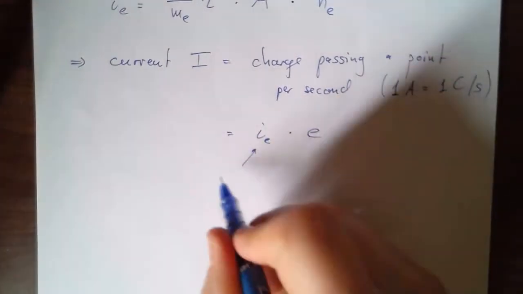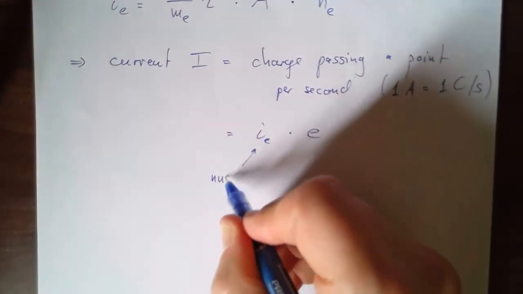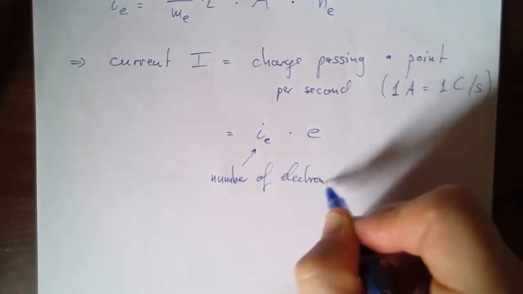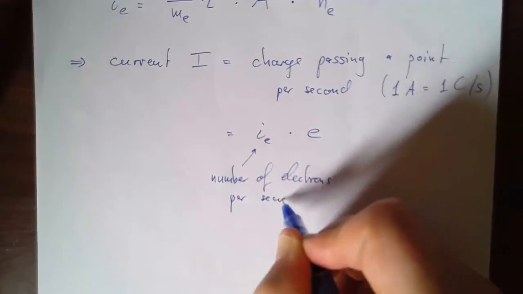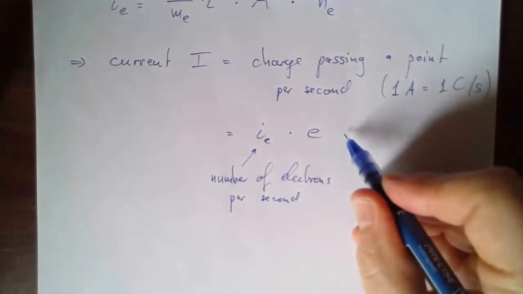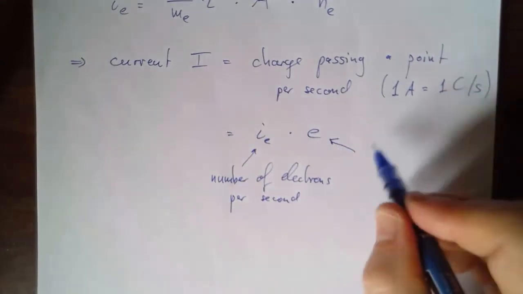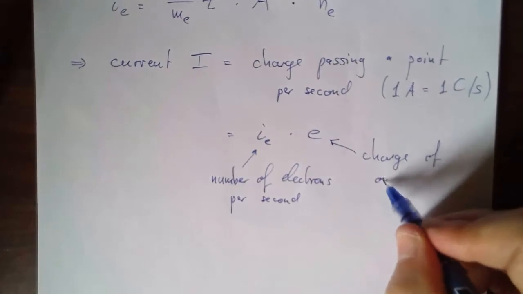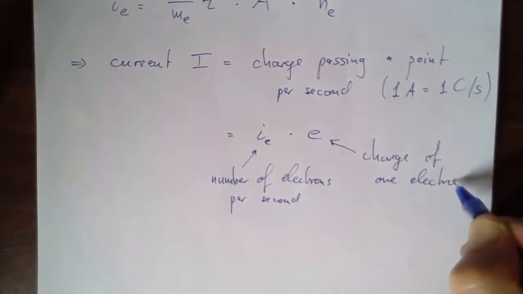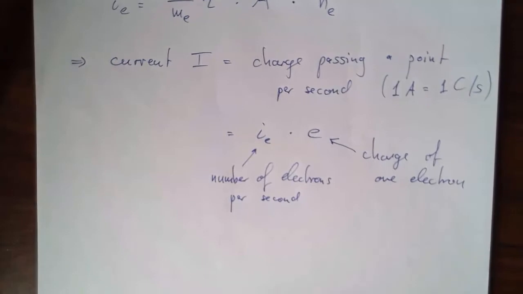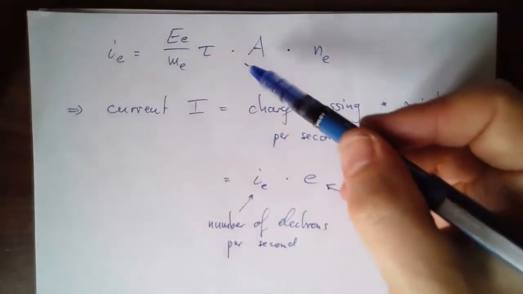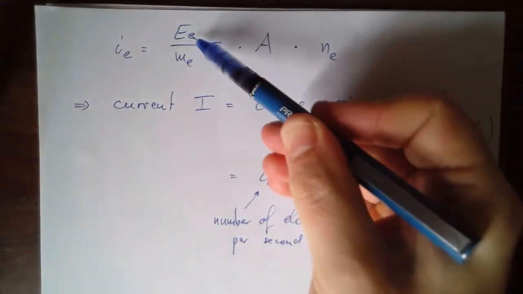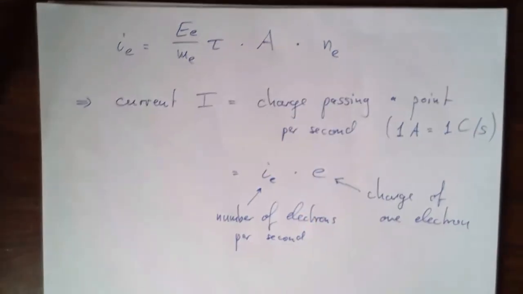Let me write this down again. So number of electrons per second multiplied by the charge of 1 electron. So if I put that in here, I'm going to get another factor of E, a good factor of E here and E here, the electron charge, so I actually get an E squared.